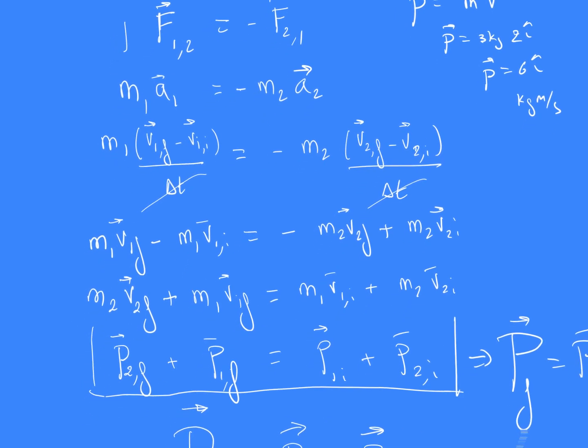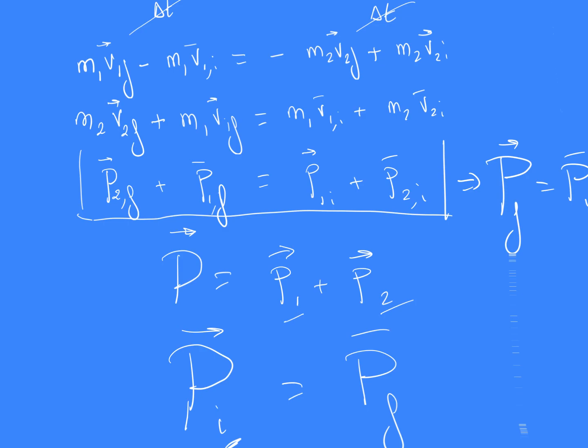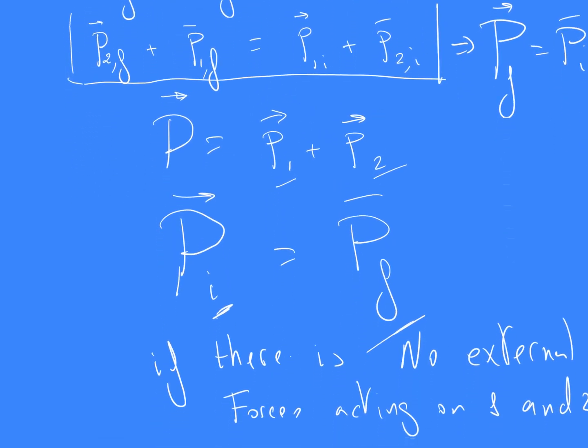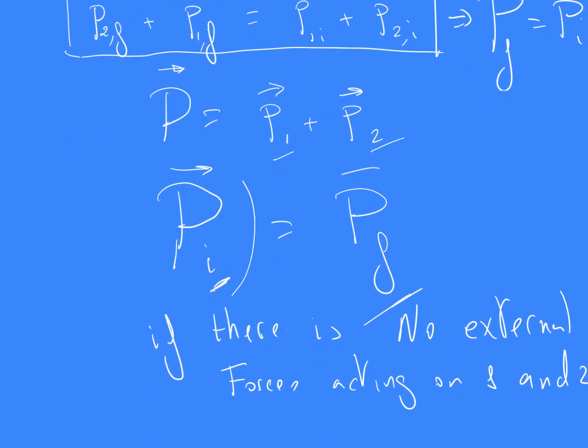So interaction between two particles produces what we call the conservation of linear momentum. And the conservation of linear momentum says that the whole initial momentum, Pi, is equal to the whole final momentum, Pf.